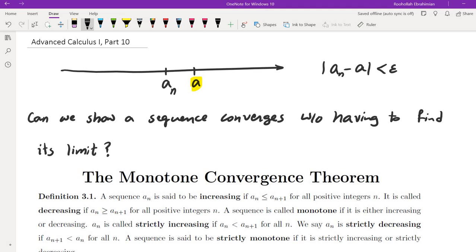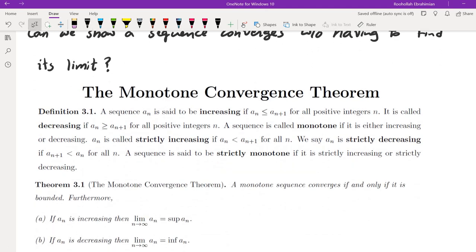And the monotone convergence theorem partially answers that question. We will talk about this question towards the end of the course when we talk about Cauchy sequences. So what is the monotone convergence theorem?